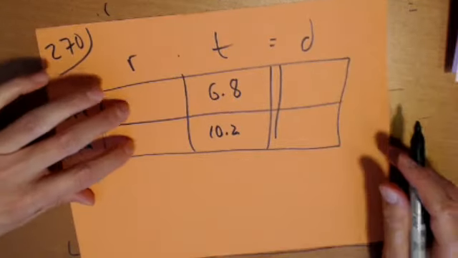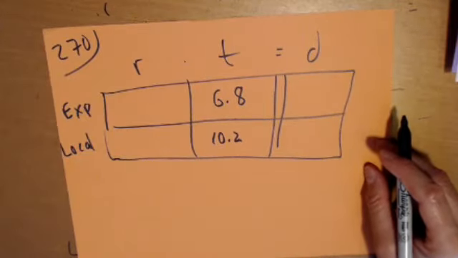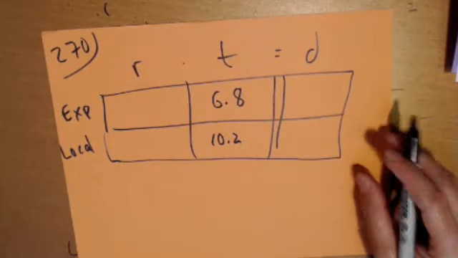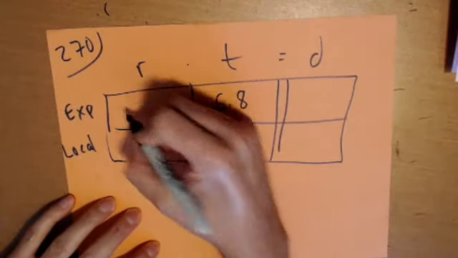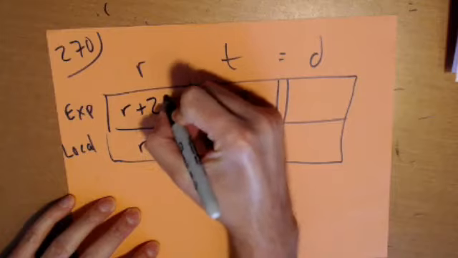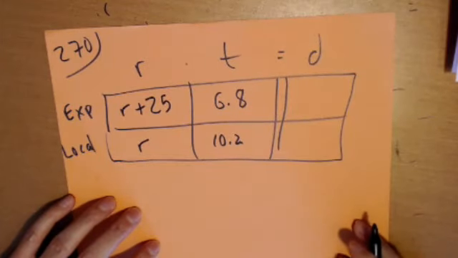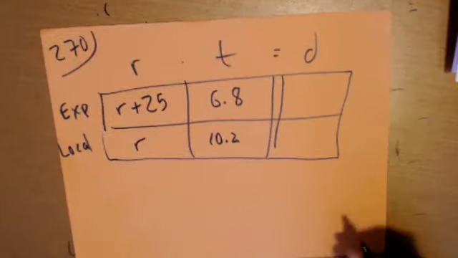Okay, so what would you put here and here? The express bus is 25 miles per hour faster, so I would say this is R, and then the express bus is R plus 25. Okay. Find the speed of both. Okay, so it's just like the last problem.